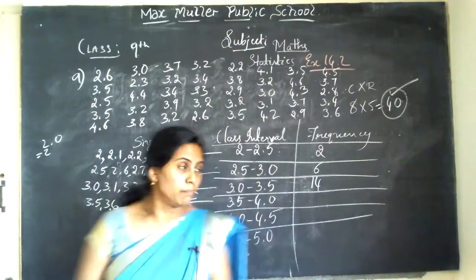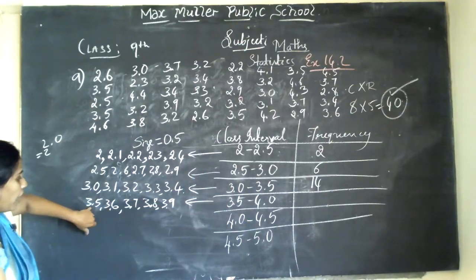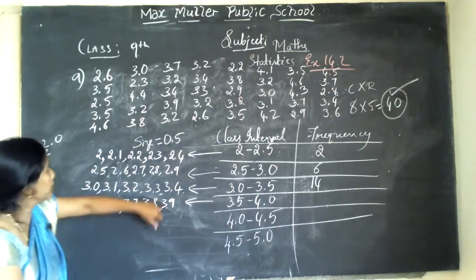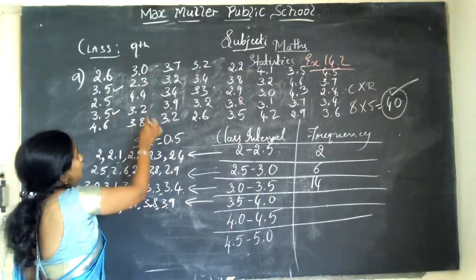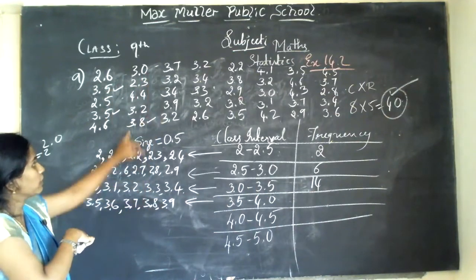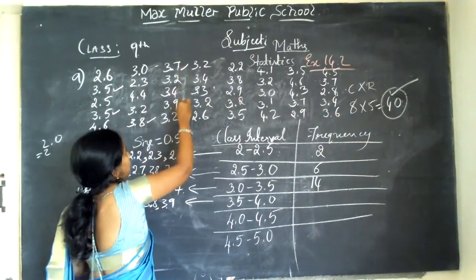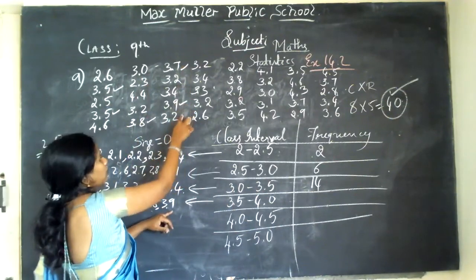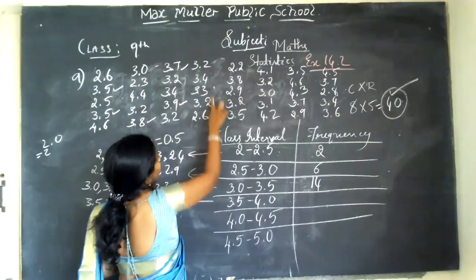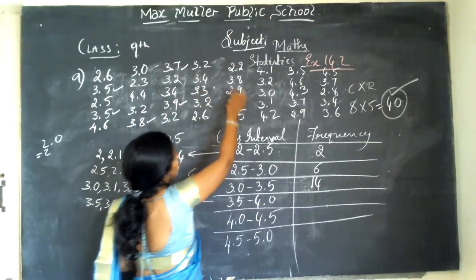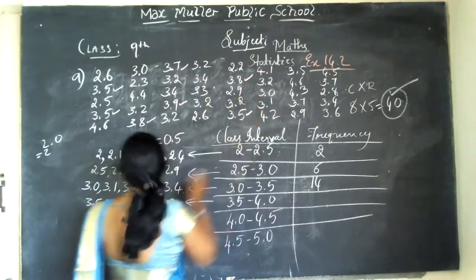So let me count column wise. You have to start from 3.5, between 3.5 to 3.9. So 1, 2, 3, because here we have 3.8. This one and this one you can include, 3.9. In the next row, 3.8 consider. 3.5 you can include.